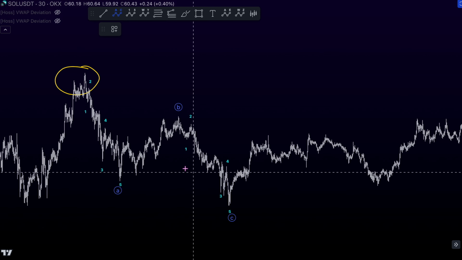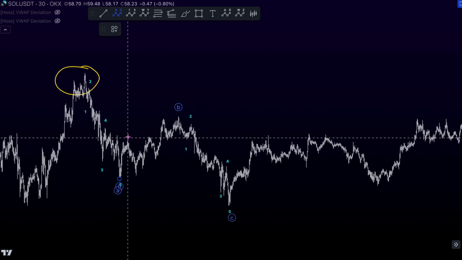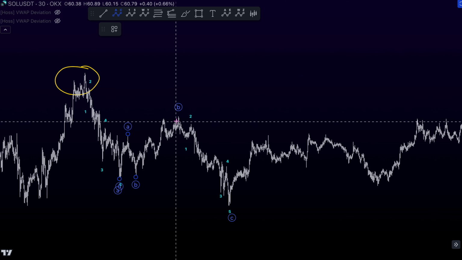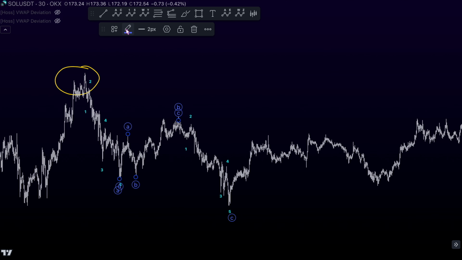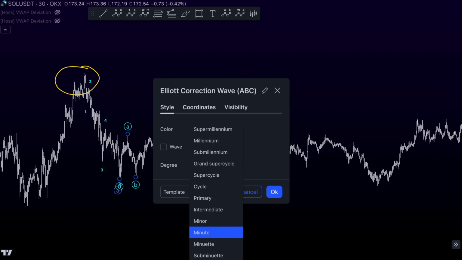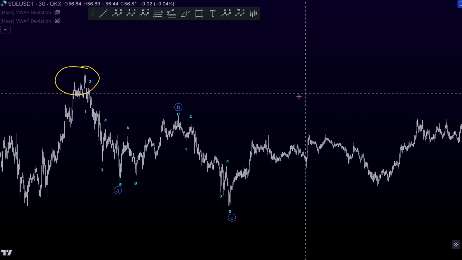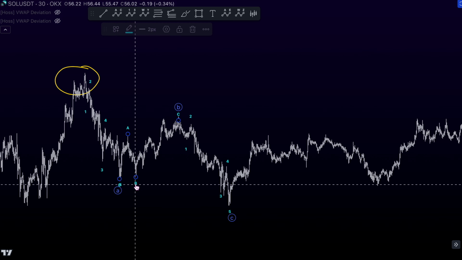And to finish this correction, I am labeling the A, B, and C correction in wave B, because this is the correction in a correction, and therefore has to be a 3-wave move.